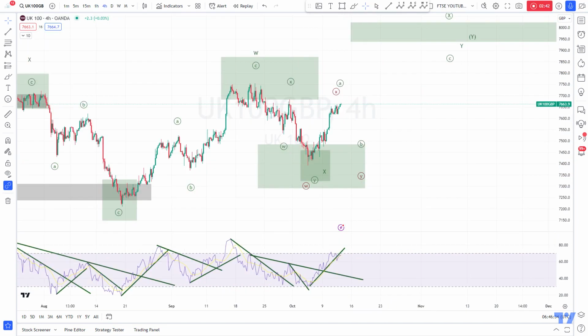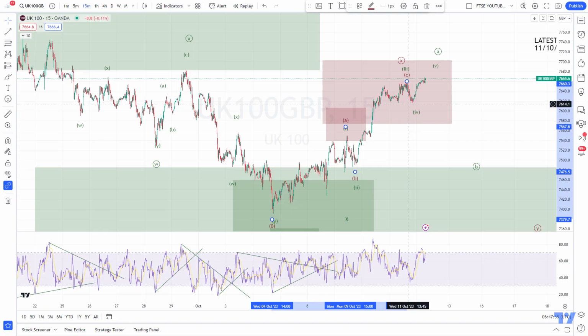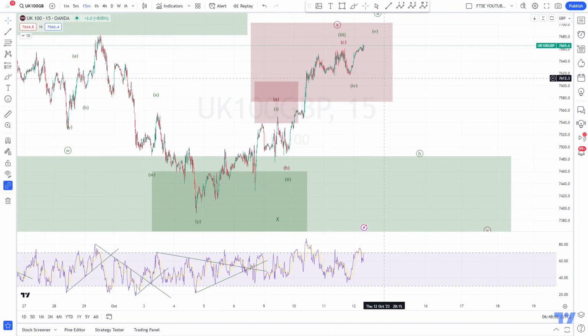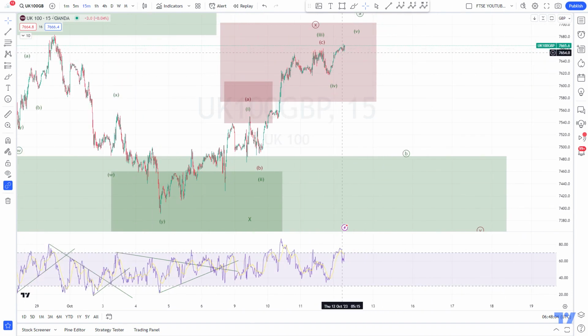Just if I look at the 15 minutes, we do not really have clear waves right here, so we can have a very short wave 5, just finishing right here where we currently are. Maybe we get some more structure, and then ending as an ending diagonal, like 1, 2, 3, 4, 5.